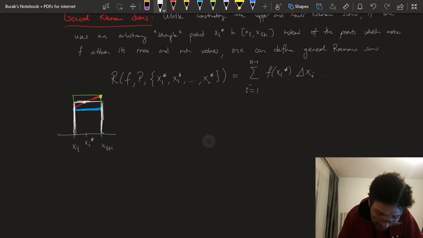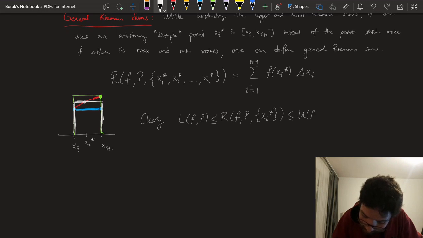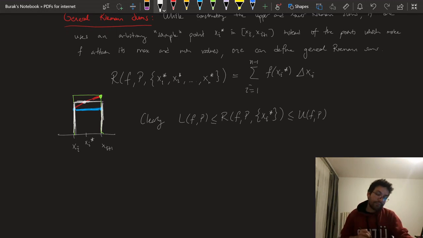Okay, clearly, this is going to be greater than or equal to the lower Riemann sums, and this is going to be less than or equal to the corresponding upper Riemann sums, okay?